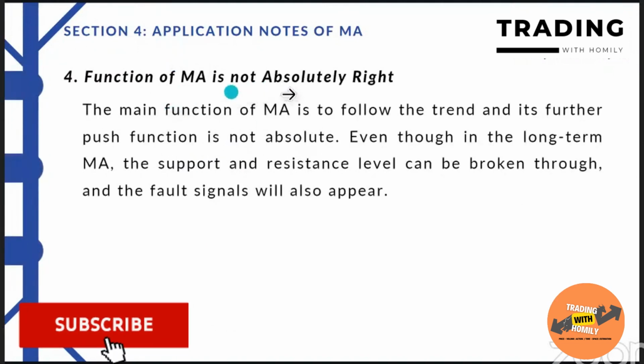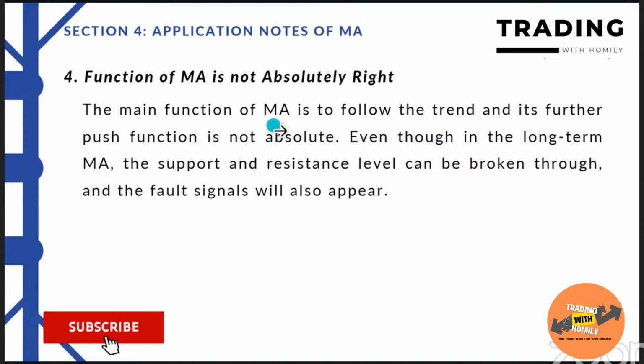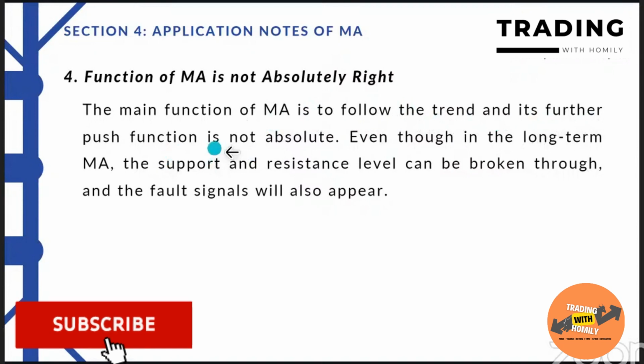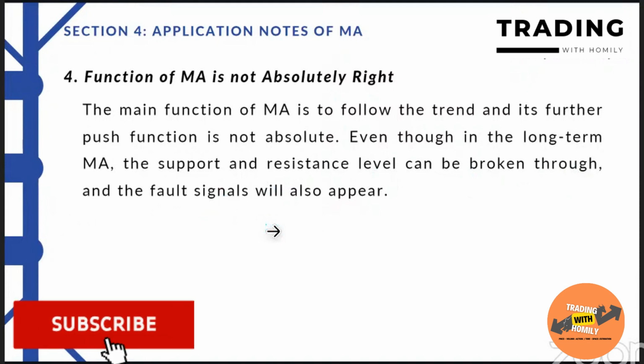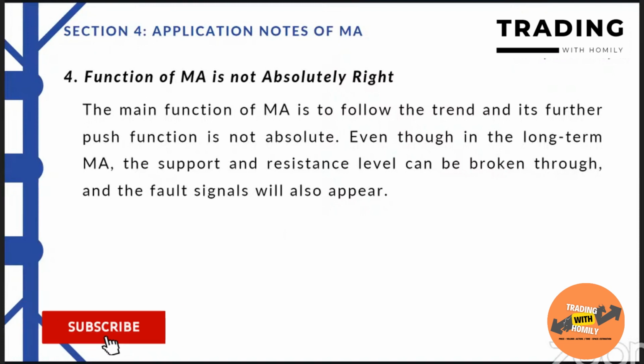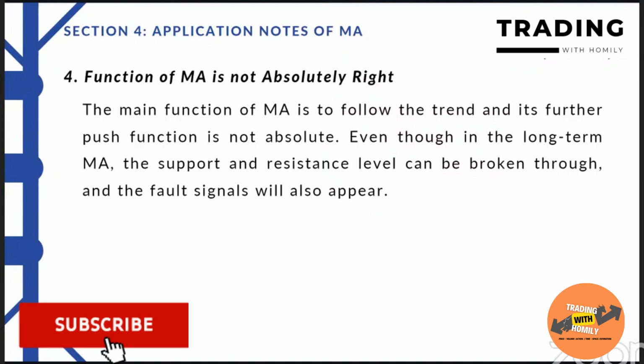The function of MA is not absolutely right. So you all need to remember this. The main function of MA is to follow the trend, and its further push function is not absolute. So even in the long-term MA, the support and resistance level can be broken through, and false signals will also appear. So that's why we have to see the trend also, and then we need to understand ourselves, which type of investor we are.